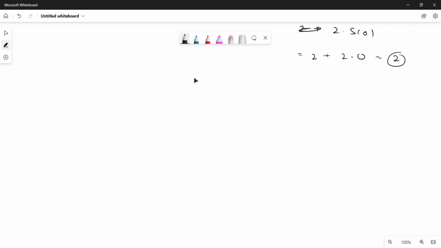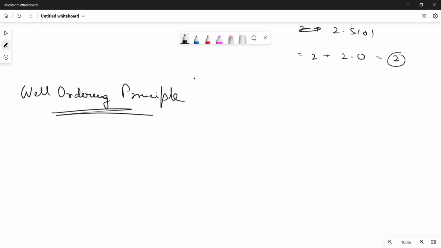So now we move on to the next most important property regarding natural numbers, which is very useful in mathematical theory, which we call the well ordering principle. It is also an axiom itself in case of natural numbers.